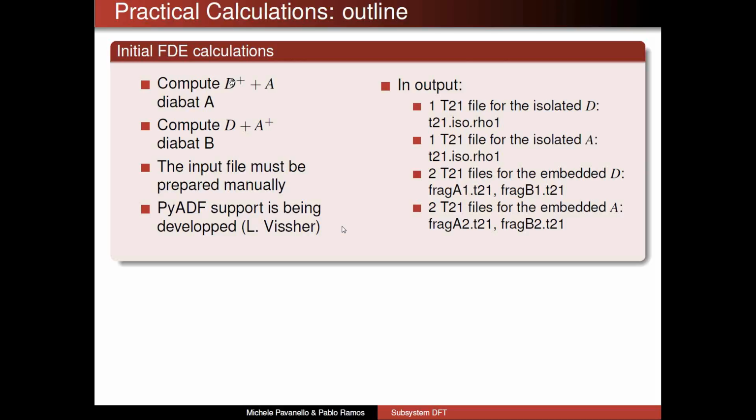But unfortunately, in ADF, freeze and thaw is not very user-friendly if you have unrestricted fragments, and in this case, D+ generally is a radical cation, and A+ also generally is a radical cation, so you have to run the freeze and thaw calculation manually, and I'll show you later what that entails.